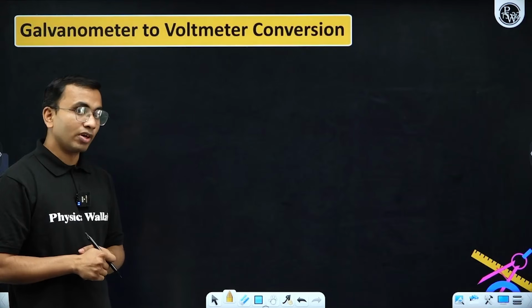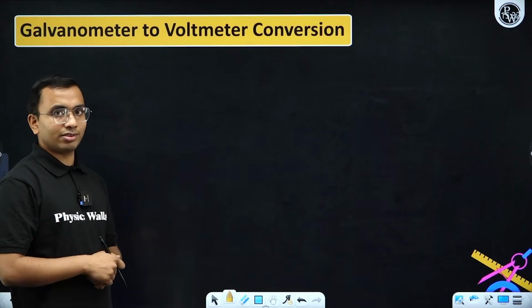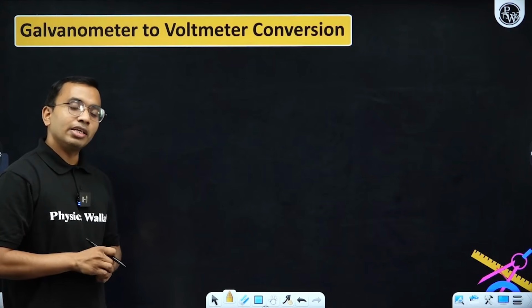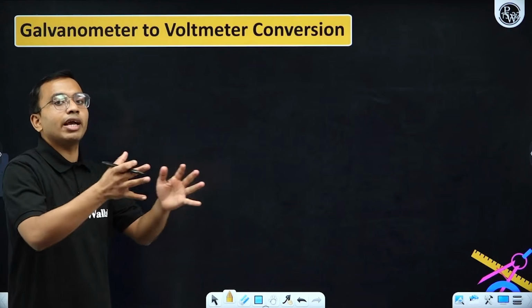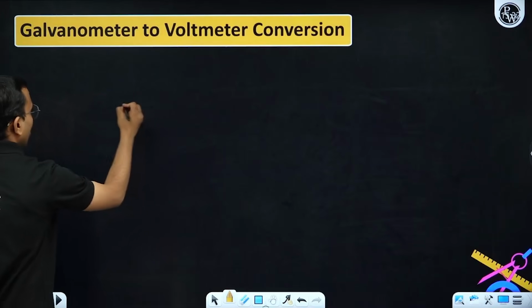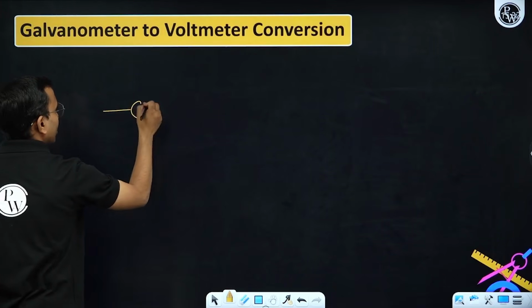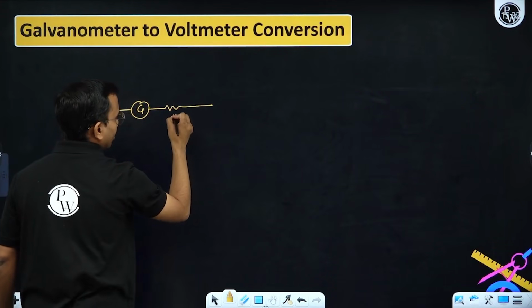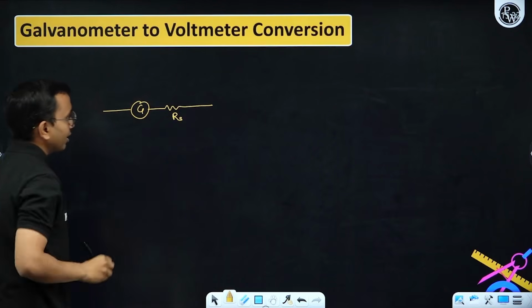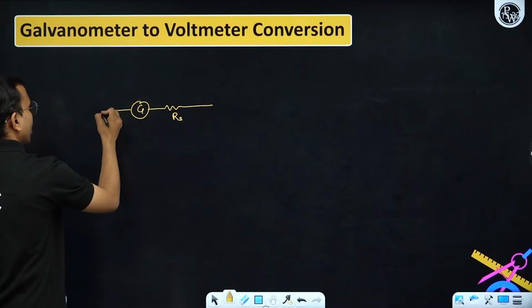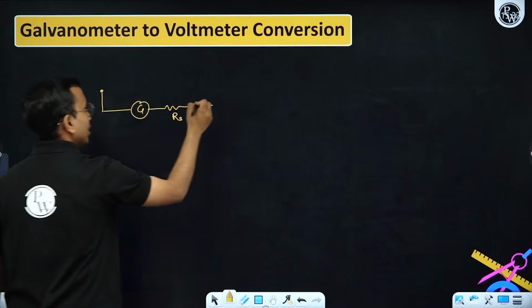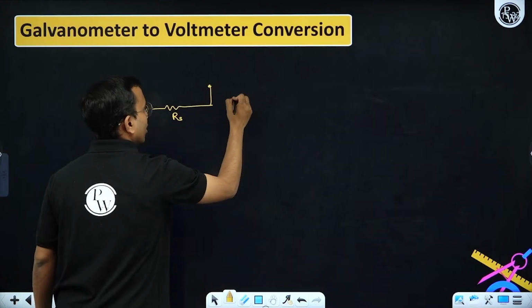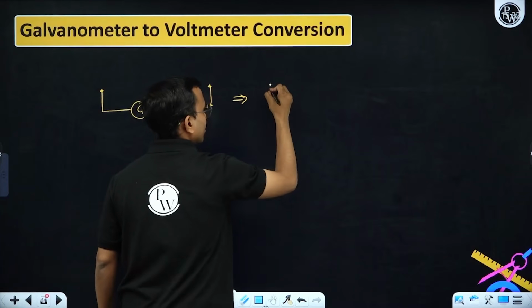So we need to increase the resistance of the galvanometer. How can we increase the resistance? By connecting a very high resistance in series. So the galvanometer with a series resistance is converted to a voltmeter, and this will behave like an effective voltmeter.